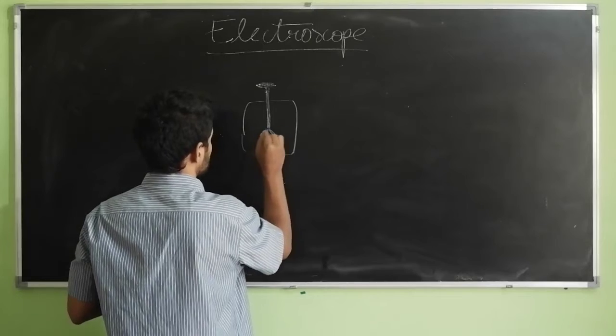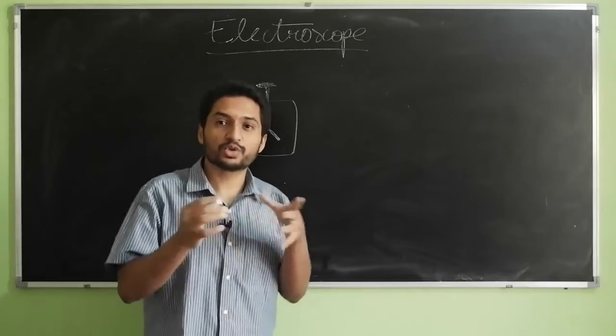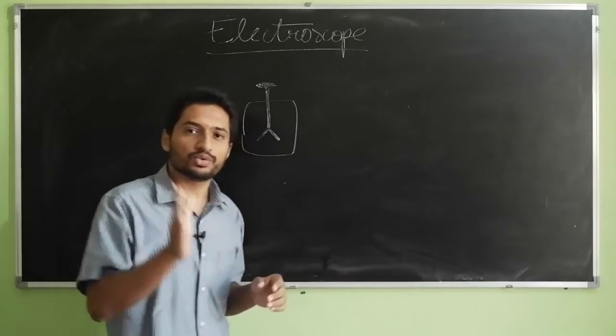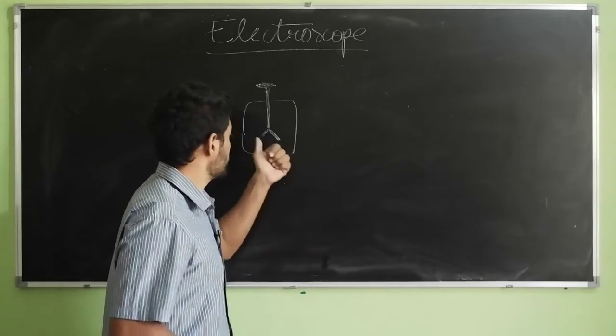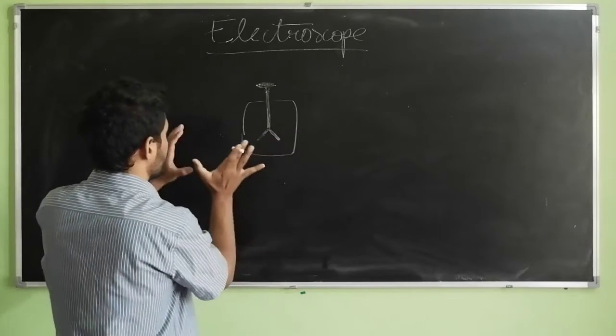These foils can be aluminium foils, golden foils, any foils. The only thing is they have to be metal. I'll explain why. This is the basic structure of an electroscope.